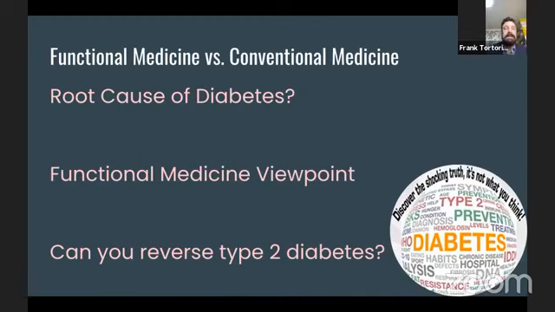So it really depends on the alignment of the patient's viewpoint. There's some patients that just want a pill. They say, doc, you know what? Everything you say is probably true. Give me my pill, refill my pill. I'm good to go. So I mean, we can do that if that's what they want. One thing you've got to remember, functional medicine is based on individual patients. We don't treat diseases. We treat patients.